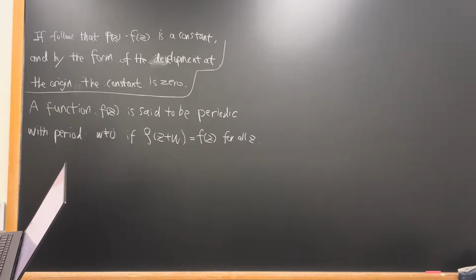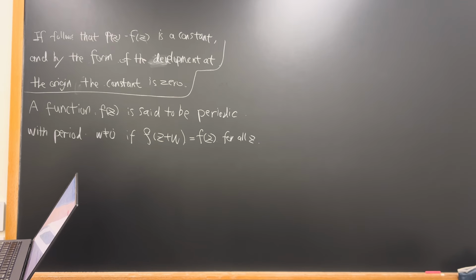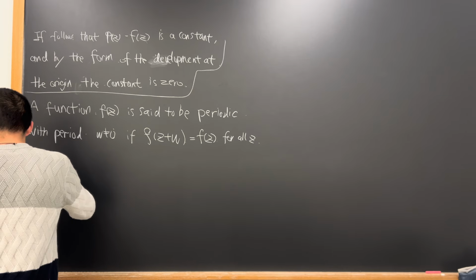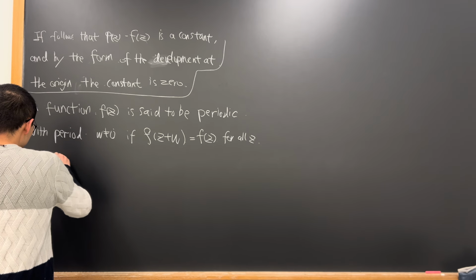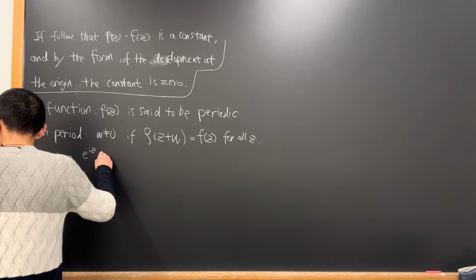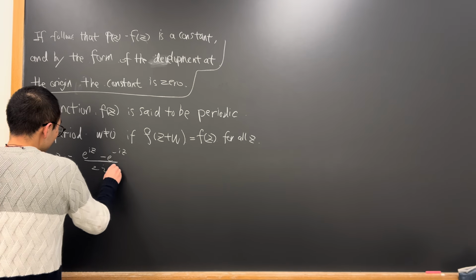Sine z is defined as e to the iz minus e to the negative iz over 2i.